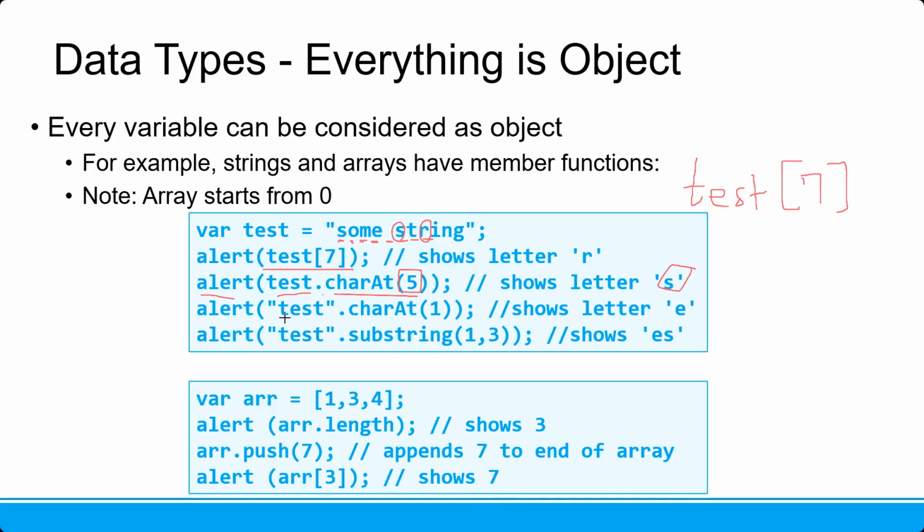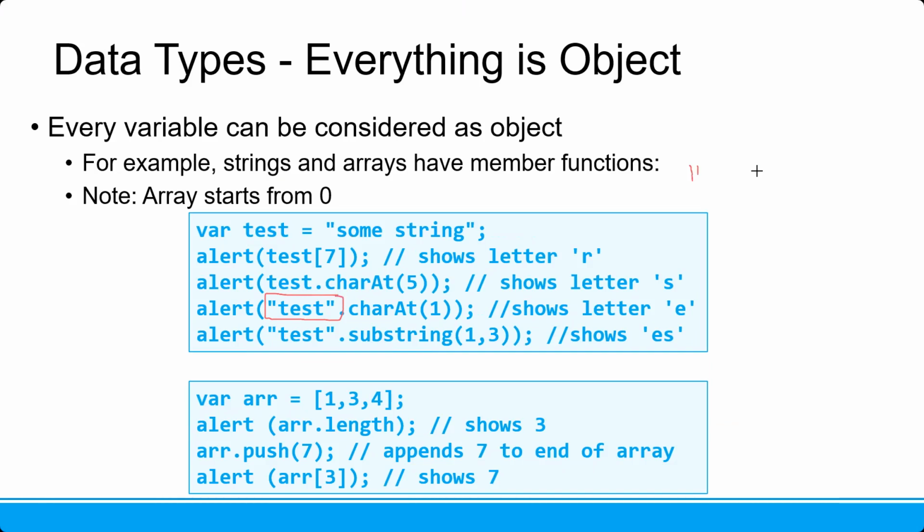If I want to see the character at 1, what is 1? It shows the letter E. Why? Because this is the string.